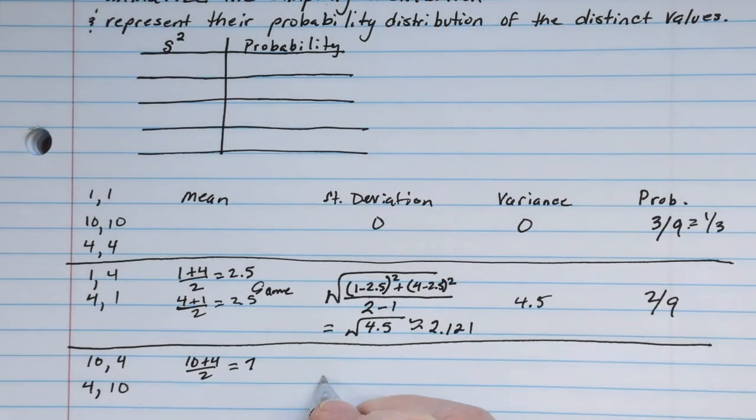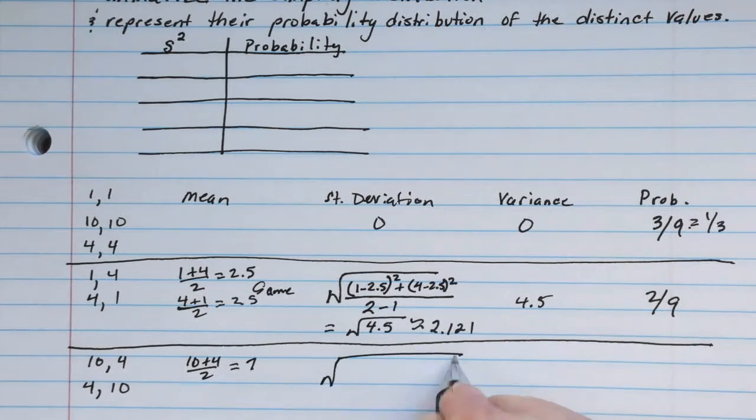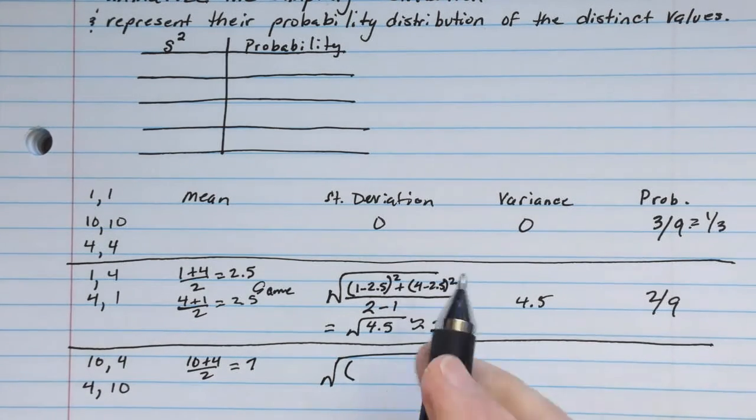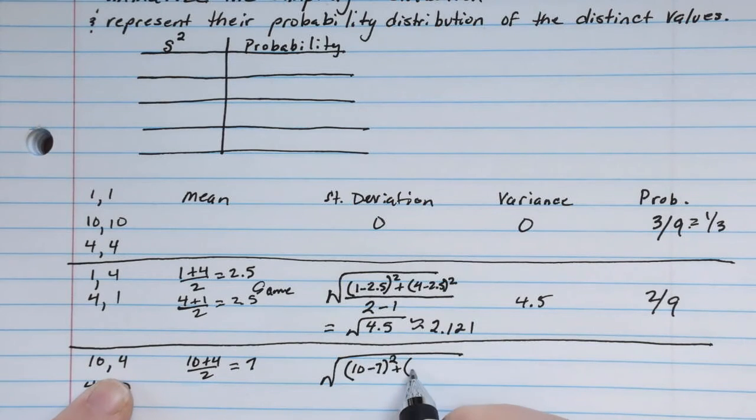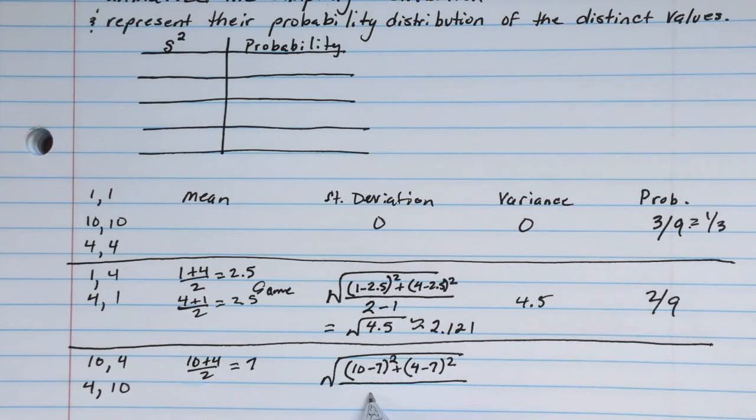So now we have to calculate our standard deviation. You take your x value minus your mean. So 10 minus 7 squared plus 4 minus 7 squared, and divide that by your sample size minus 1, which is 2 minus 1, which ends up being 1.